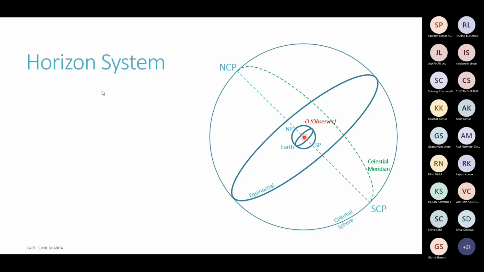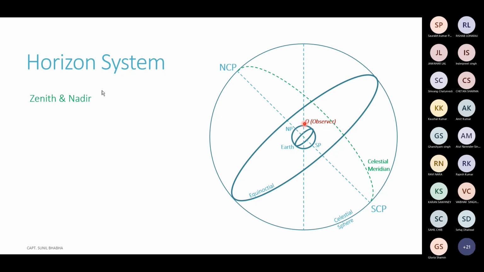So starting from the center of the Earth, I'm drawing a line which passes from the observer's position and meets the celestial sphere at this particular location. And the same line, if it is extended on the opposite side, you will see it will go and meet the celestial sphere at this particular location. Now these 2 points where this line meets the celestial sphere are our references for the horizon system.